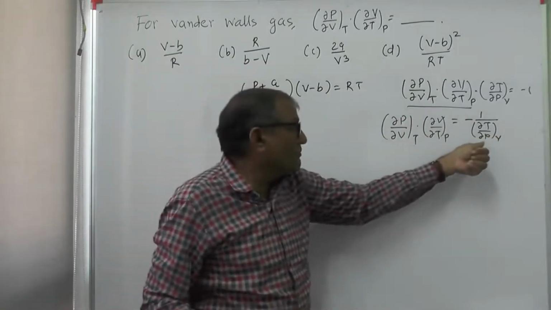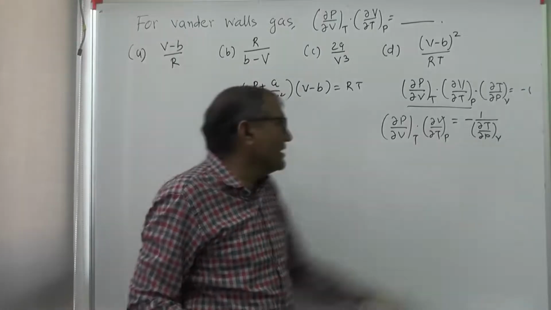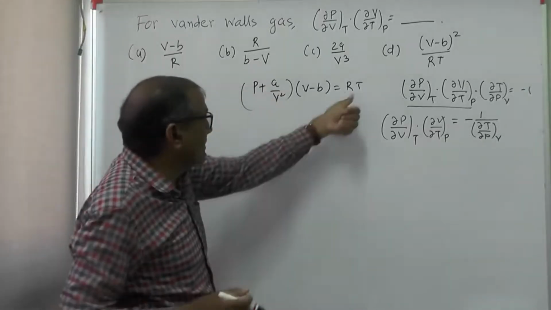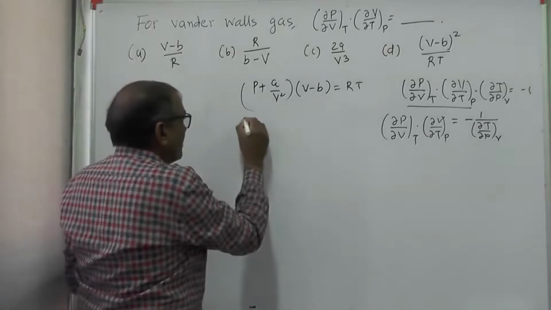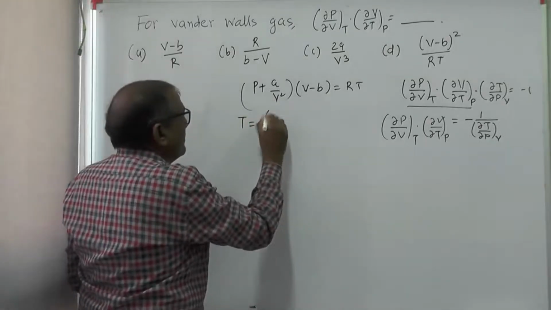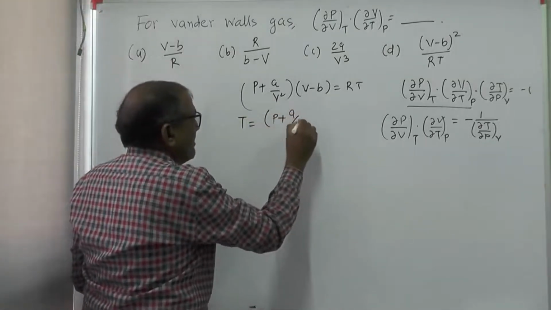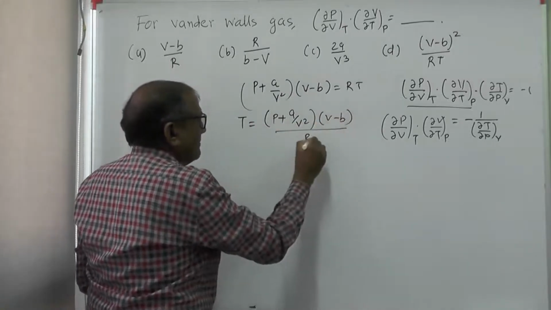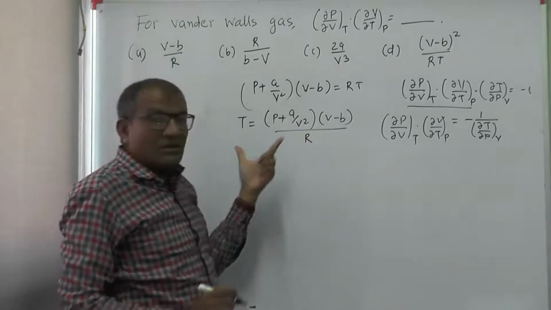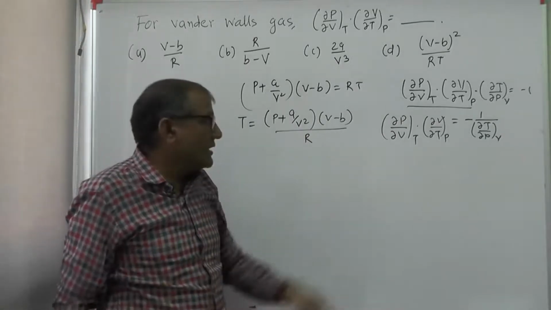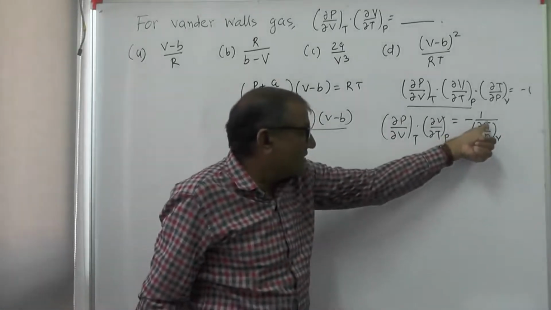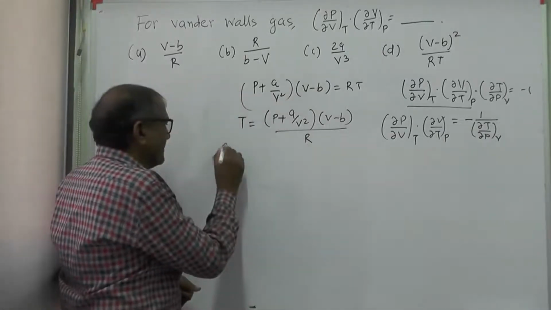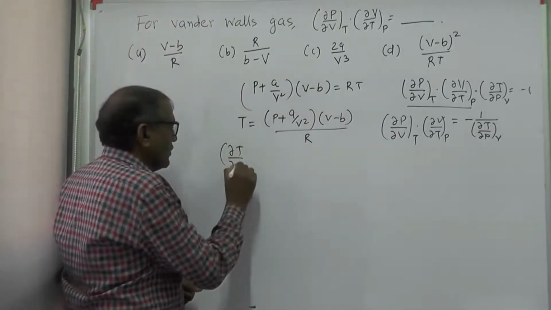So, I am going to opt for this way, del T over del P. Here I can write this equation as T equal to P plus A upon V square, V minus B upon R. This is T as a function of something, and I want to calculate the derivative del T over del P, keeping volume constant.